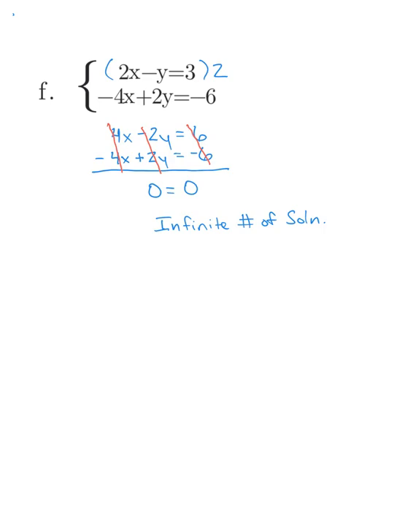Remember that since we do have solutions, this is going to be a consistent system because we do have at least one solution. And since our equations are basically the same, they are dependent equations.